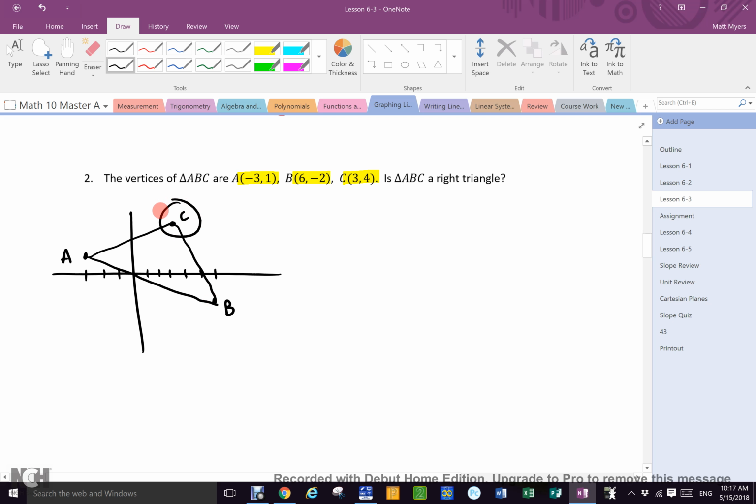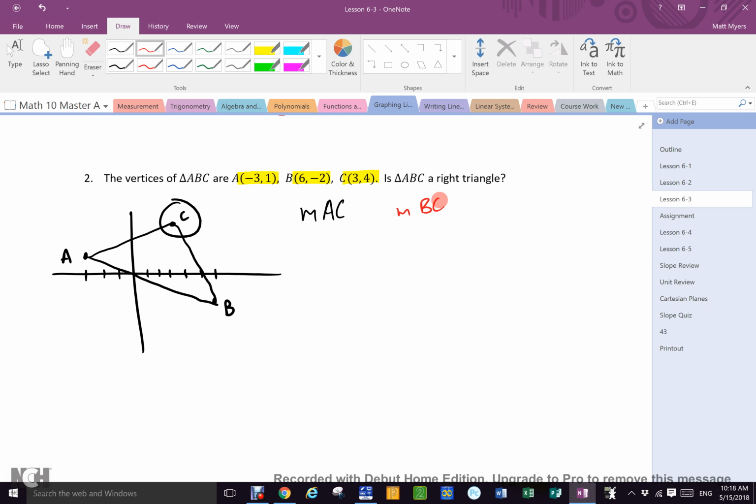What is the only possible 90-degree corner? Right there. So really, I only need to check which 2 slopes. I need to check the slope of AC and the slope of BC. If it's 90 degrees, then what will I see when I check those slopes?